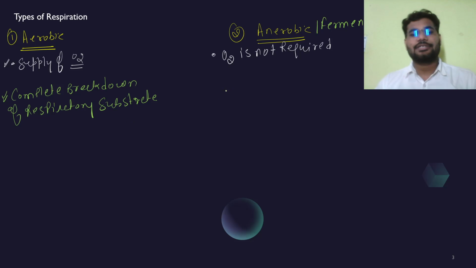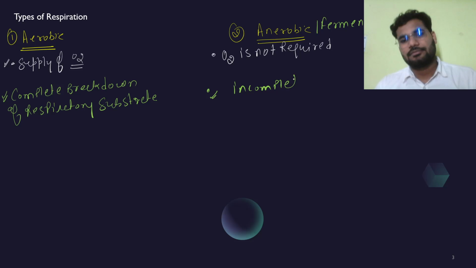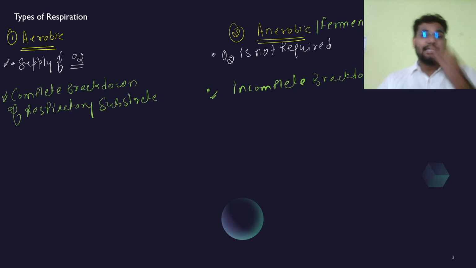I'll let you know the reaction. Here in fermentation, complete breakdown does not occur. Basically, we can say that there is incomplete breakdown or oxidation. As I said, oxygen is required for oxidation, so incomplete oxidation.